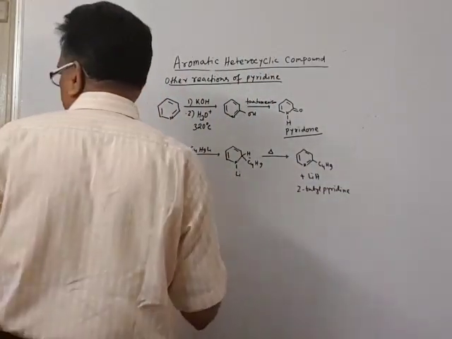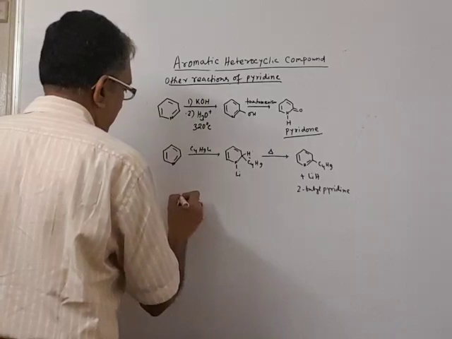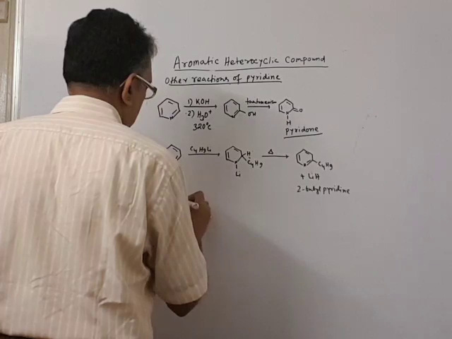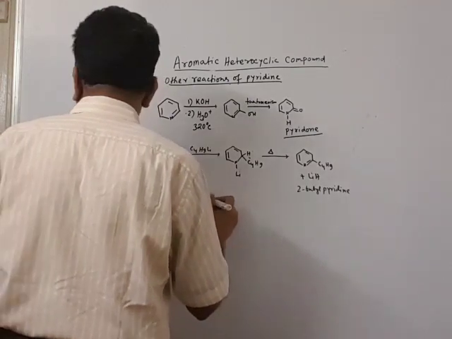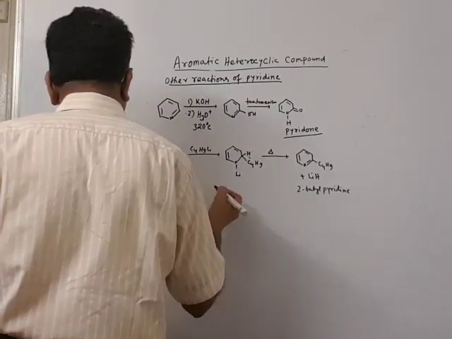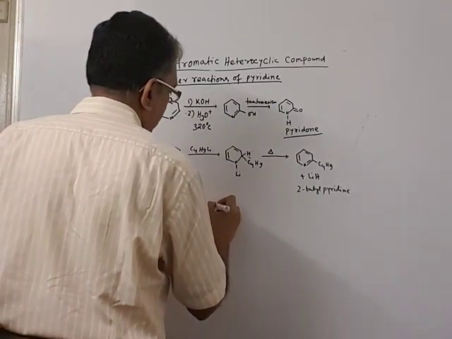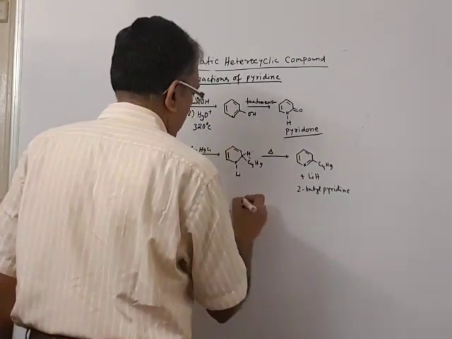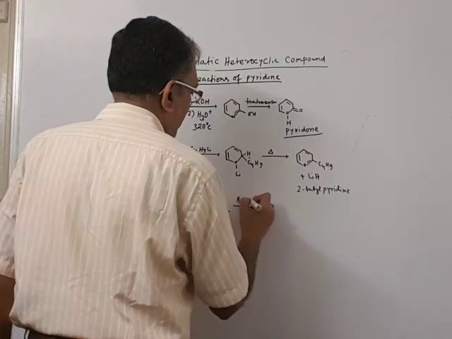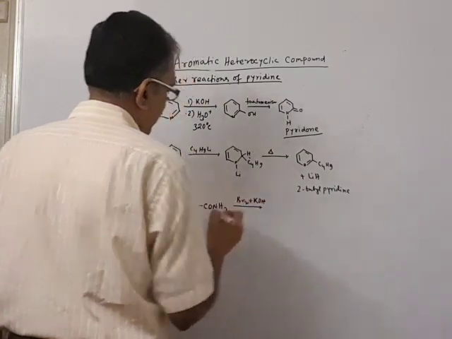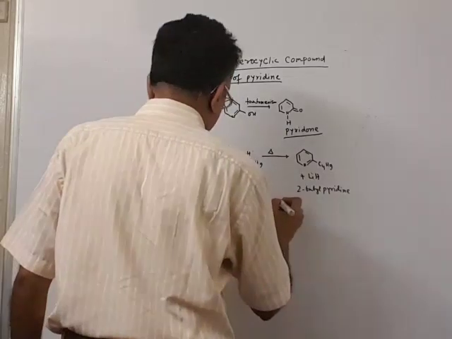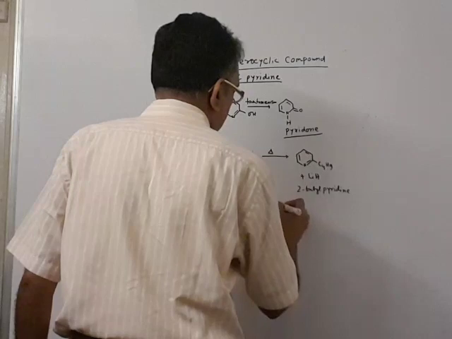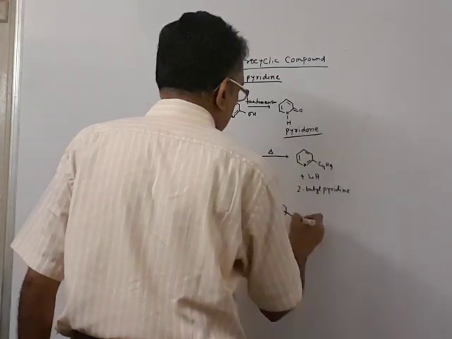Similarly, if we take the amide derivative of pyridine, CONH2, when treated with bromine and KOH, this Hofmann degradation reaction takes place, and we are getting the amino derivative of pyridine, NH2.